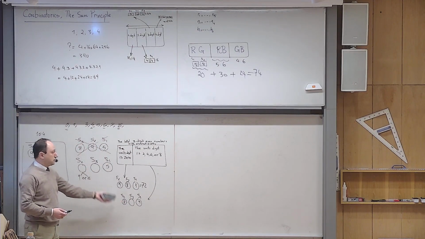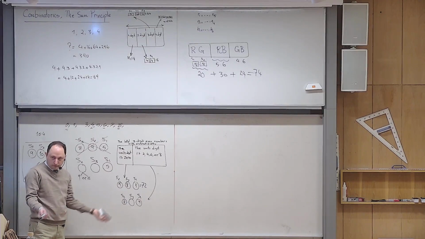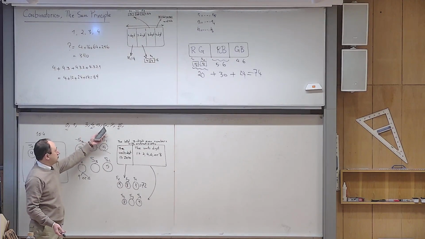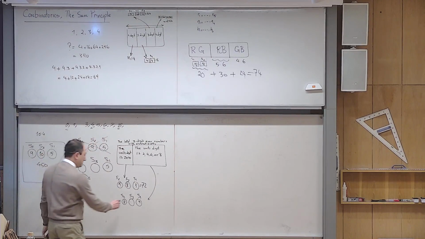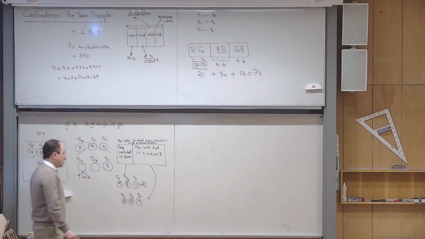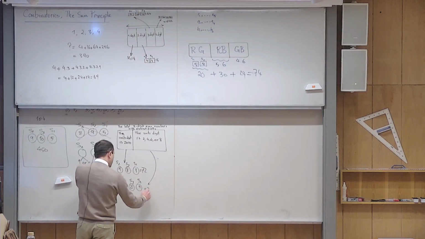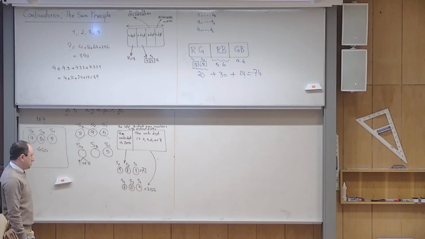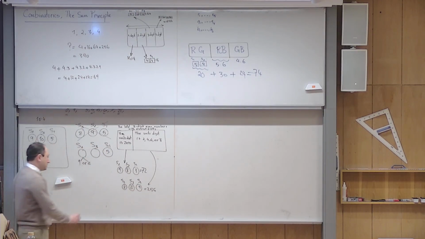Which one of them can I choose here? All of them. And then I count them. 1, 2, 3, 4, 5, 6, 7, 8. That's 8. Yes? And then what's the answer? 256. And then what should I do? What is the final answer?